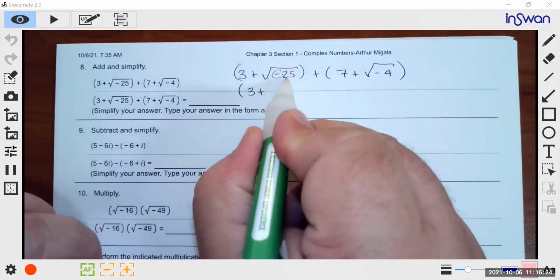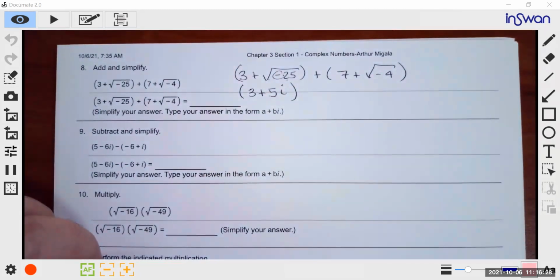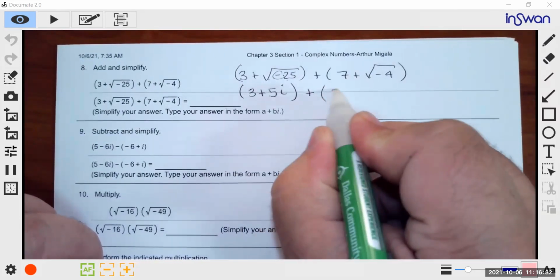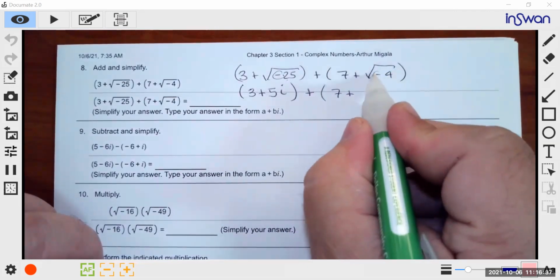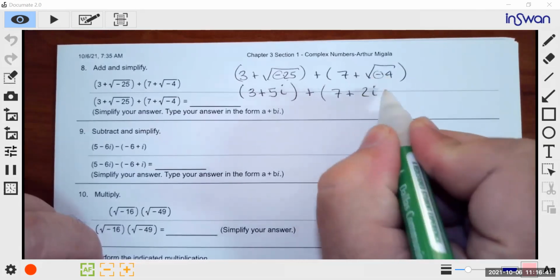Square root of 25 is 5. And the second one, 7 plus, there's a negative inside the square root, so it becomes an i. Square root of 4 is 2.